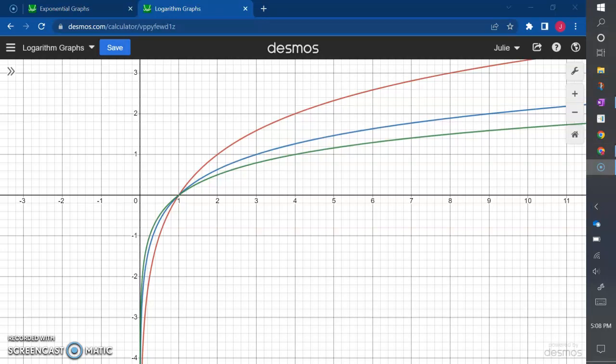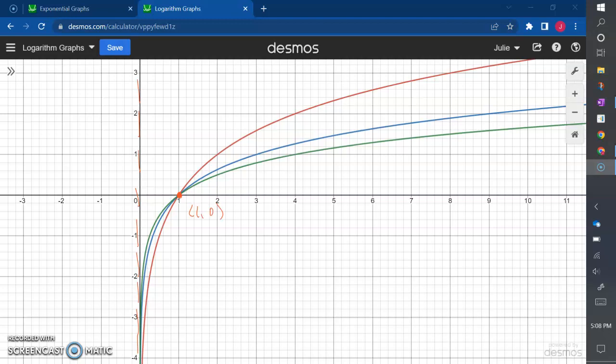So when we're looking at these, we can understand a few key points on them clearly. We can see this vertical asymptote here of x equals 0, where this graph is going to approach 0 but never reach it. And then we see that they share a common point this time. They all share the intercept (1, 0).